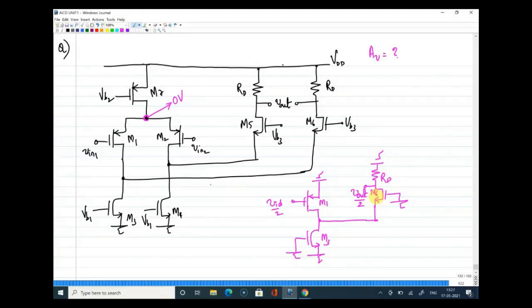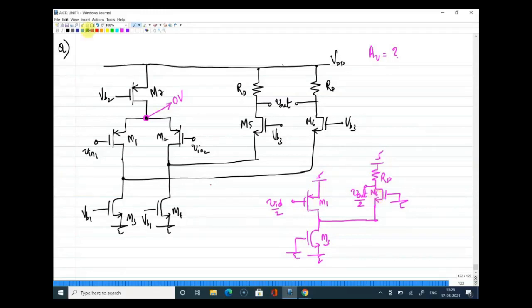But there is a small mistake: RD should come in parallel to the entire resistance. Are there any other answers? No. Okay.